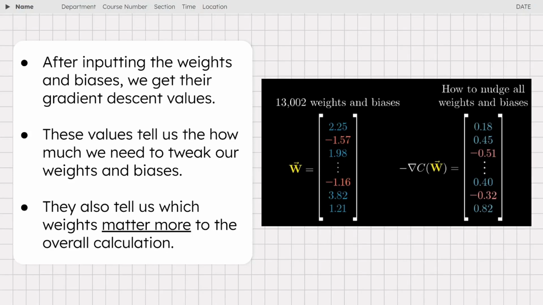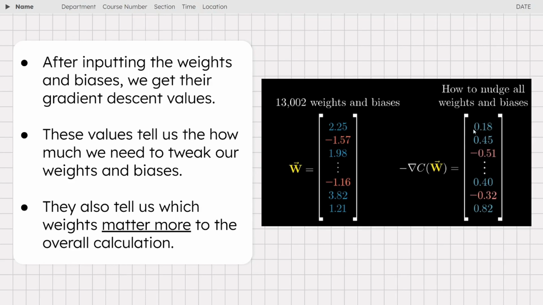An easy way to show this is through a column vector that contains all of the weights of each neuron. And after finding the gradient descent, we obtain these values. And these values tell us two things: how much we need to change the weights and in what direction, positive or negative.